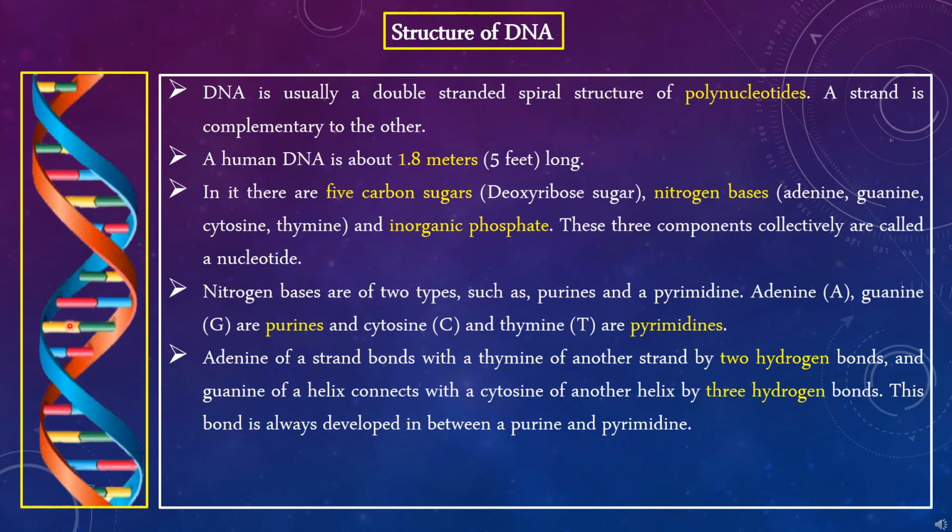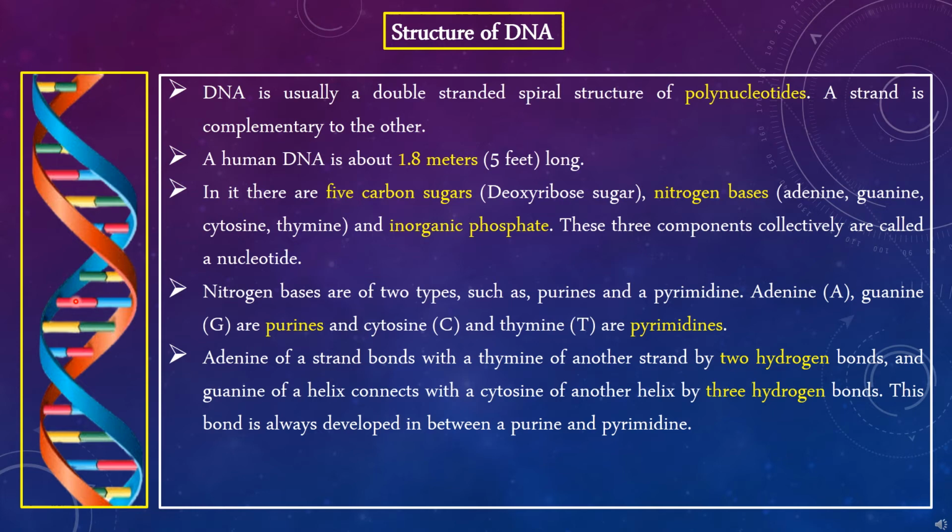If one side is purine, the other will be pyrimidine. If it is pyrimidine, it will be purine. And these strands are composed of 5 carbon sugar and inorganic phosphate.